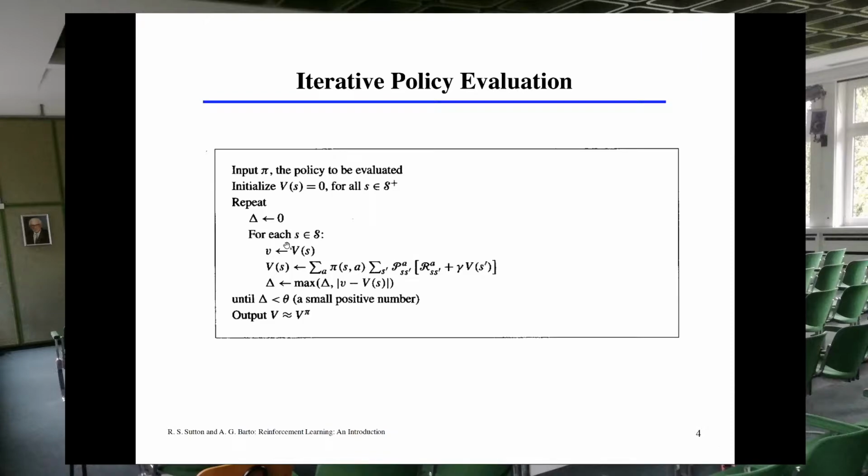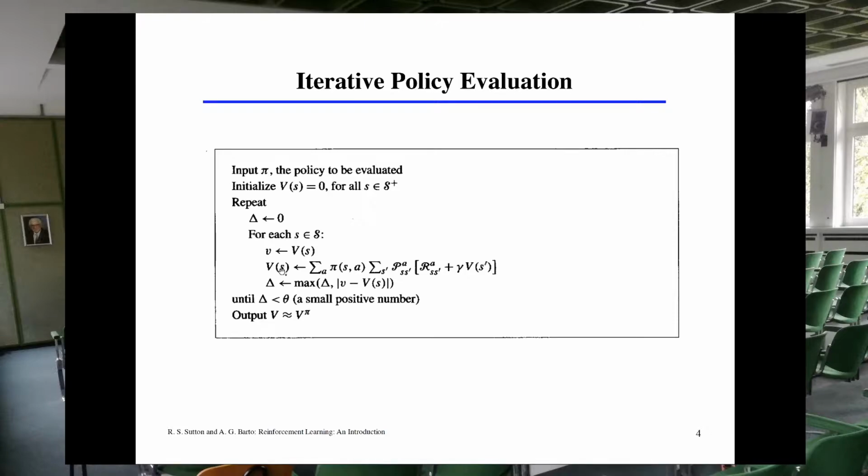So if we look at this loop here, for each S in our state set, you need to apply this for every state in your MDP. In the previous example where we had 3 states, we will need to apply this for state 1, state 2, and state 3. So that's basically what the algorithm does to update the values.